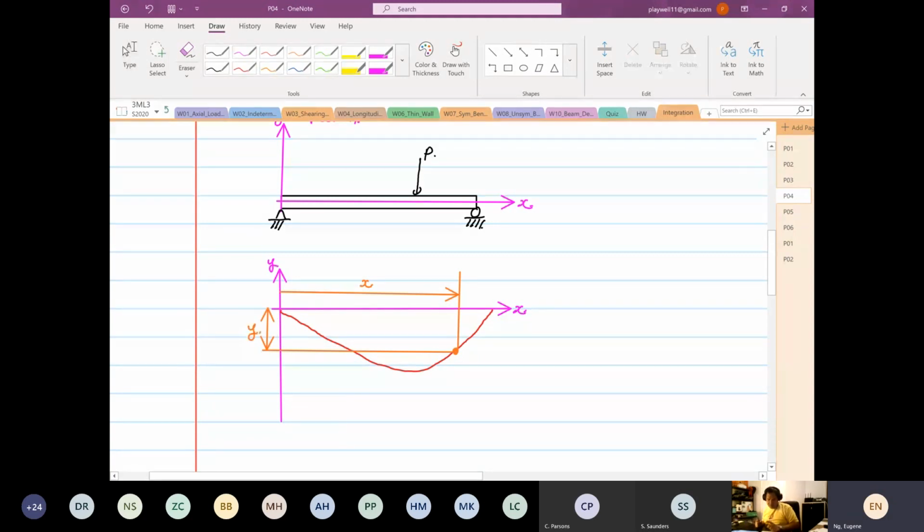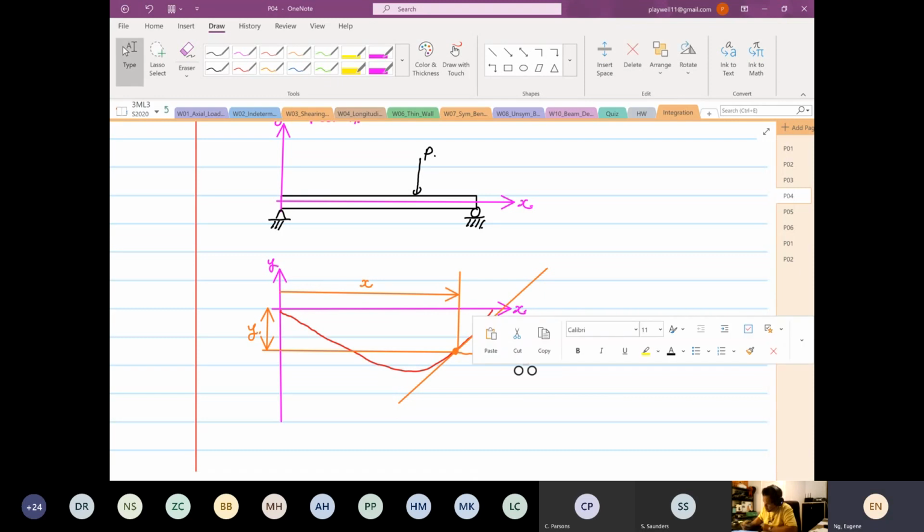And you ask me, Eugene, what is the slope? If you were to draw a line tangent to the point, and you were to sketch a horizontal line over here, this is your theta.